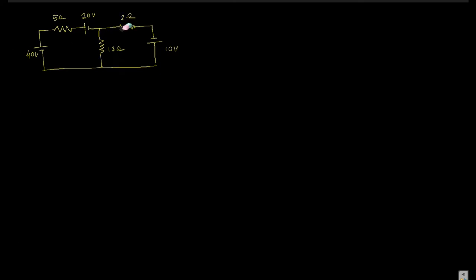Find the current flowing through the 2 ohm resistor. Let me mark this 2 ohm in another color, red, to make it convenient. The question is: find the current through 2 ohm.